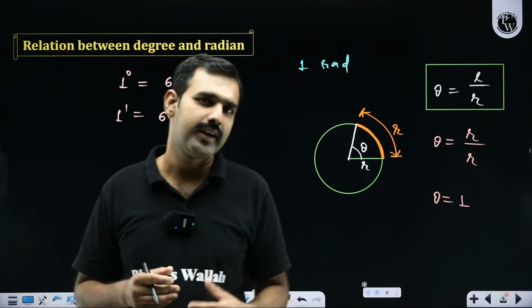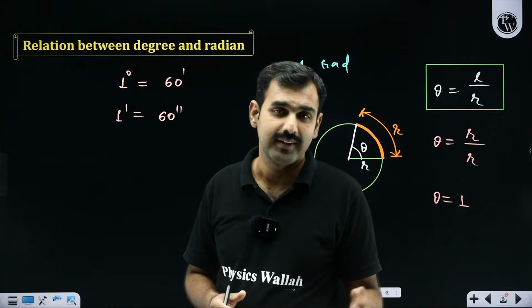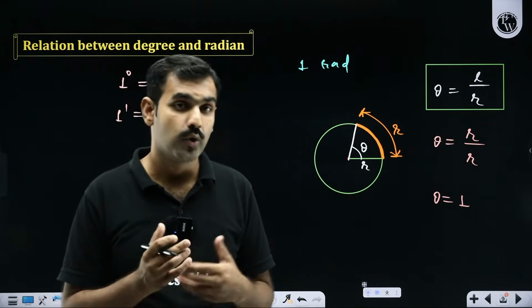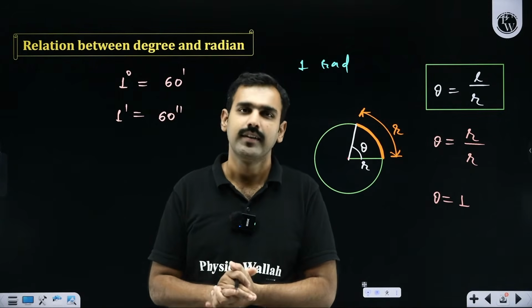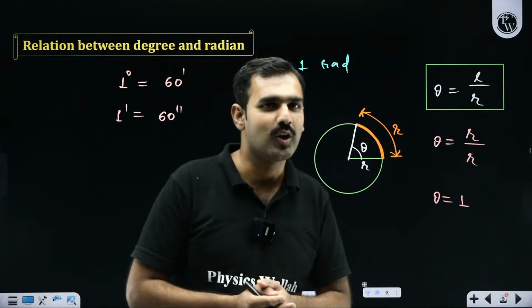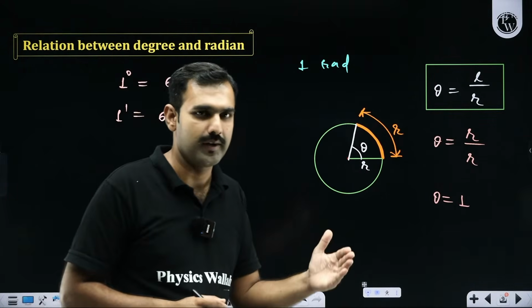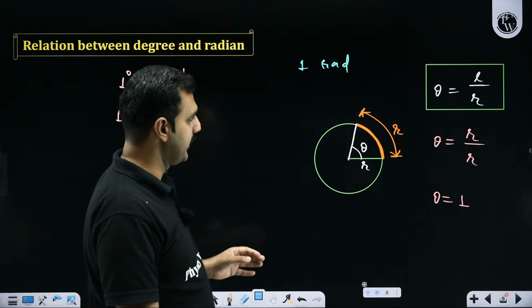So grade did not get so popular, like they divided 1 degree into 100 grades, and that's where they did not find it much useful. Even I don't remember it correctly. I think 1 degree is 100 grade or 1 grade is 100 degrees. That you need to verify. Can somebody tell me in the comments, by the way? So I come back to it. What you need is degree and radian. Grade is obsolete actually. It got outdated.